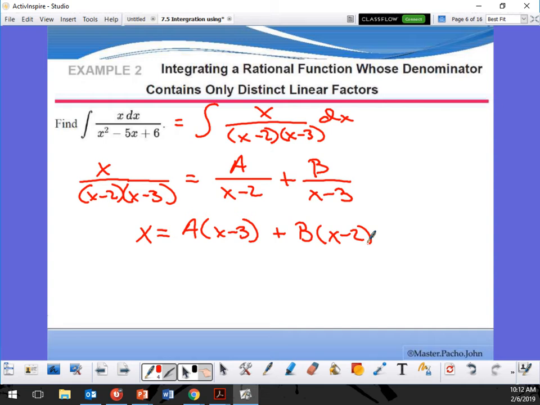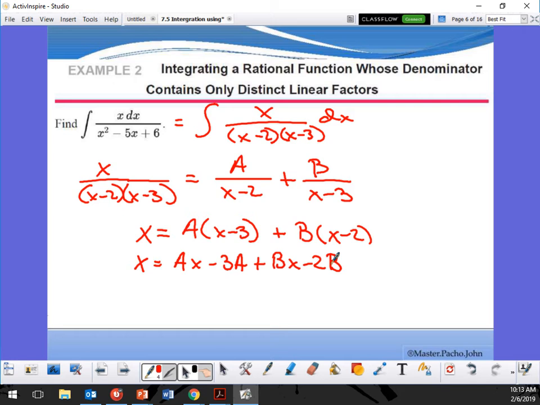Now, given that much information, I can go through and do a bit of distribution here. So now, on my right side, x equals ax minus 3a plus bx minus 2b, right? Now, this is going to be the creative part.